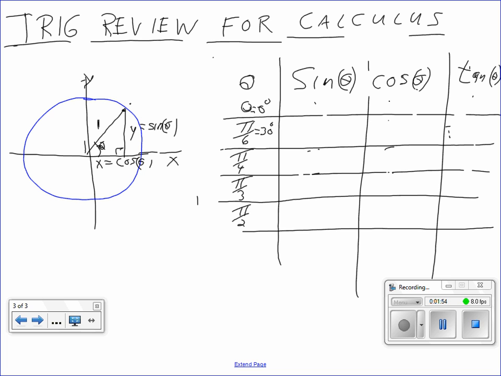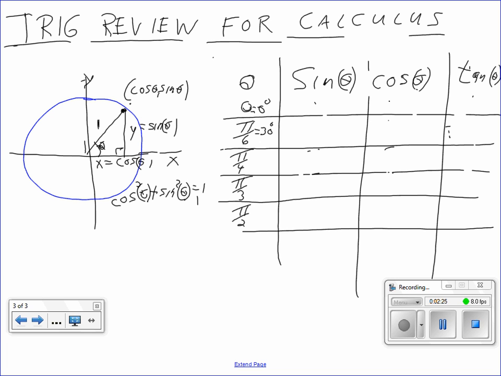So the point right here on the unit circle would be cosine of theta, comma sine of theta. We know x squared plus y squared equals 1, so this is a true identity: cosine squared of theta plus sine squared of theta is equal to 1.